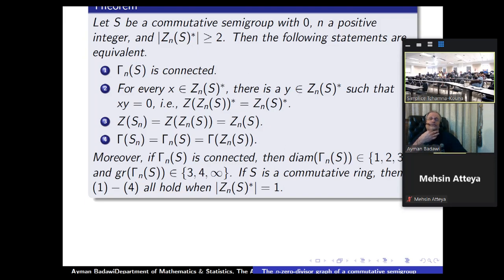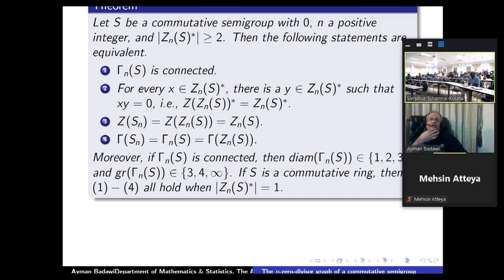This is to be connected. Look at number 1 and 4. This is for any commutative semigroup. For the N-zero divisor graph of S to be connected, the classical zero divisor graph of Sn has to be the same as the N-zero divisor graph of S. Remember, Sn is a set, but it's a semigroup.